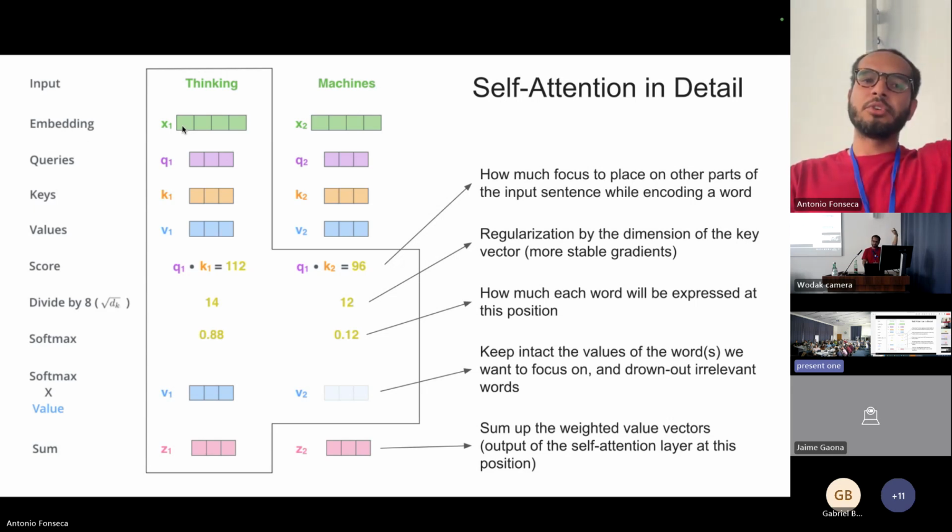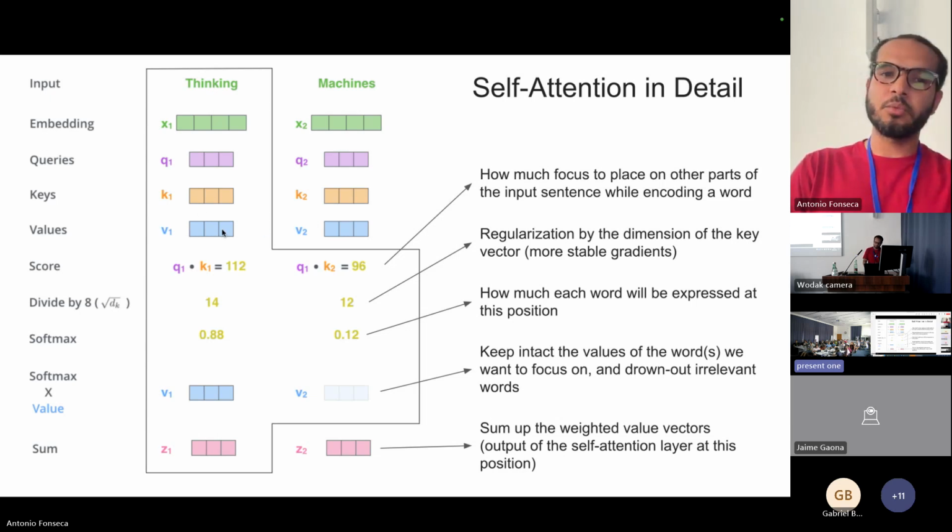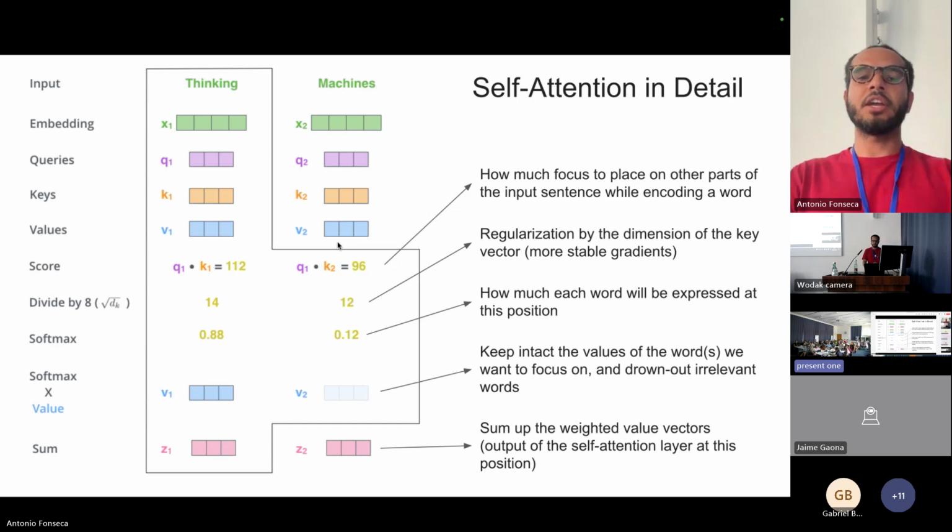Now, using this WQ, WK, and WV, I have these three vectors that are being used in different steps of the training. The query is always like, what is the information associated to this current word? And the keys and the values are coming from the current word and all the others. And why is that?